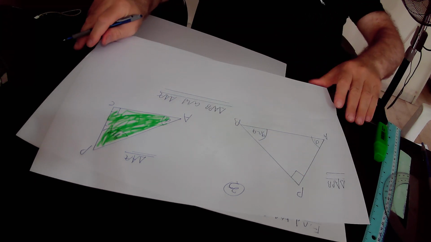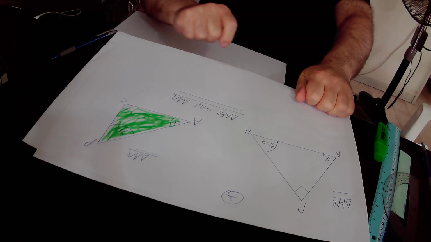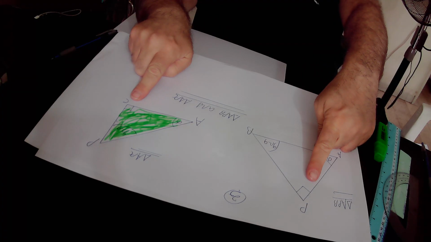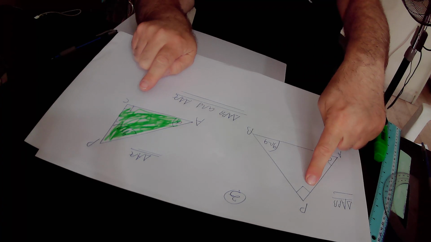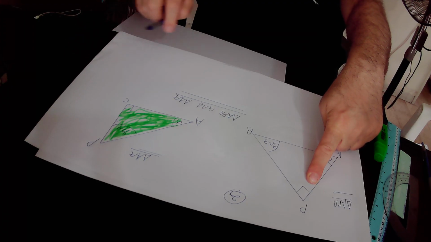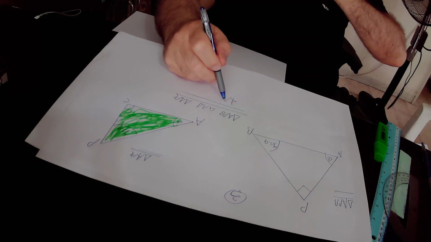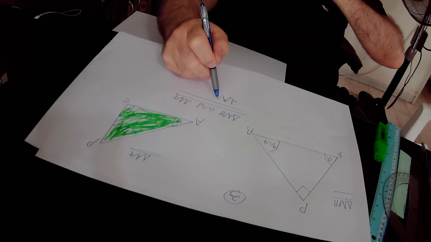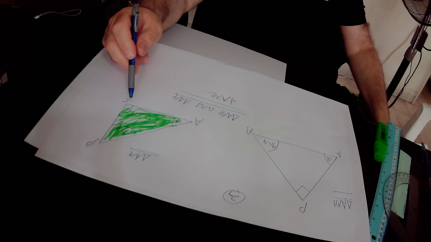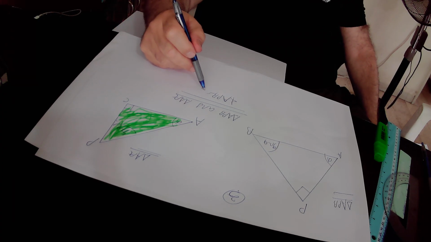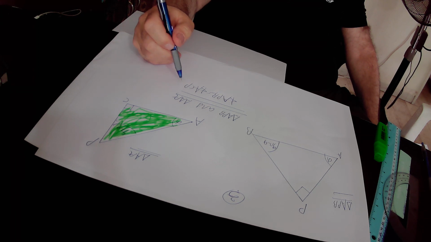So why are those two right triangles similar to each other? First of all, those two angles are both equal to 90 degrees, therefore they are equal to each other. This is angle APB in the right triangle APB, and it is equal to this angle, angle ACP, in the green triangle APC.